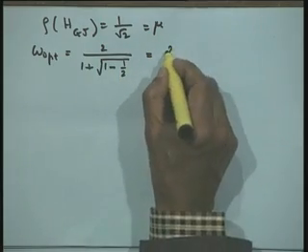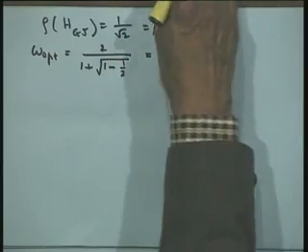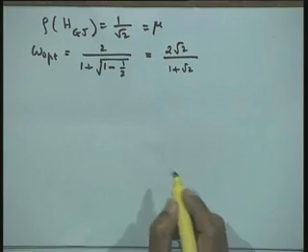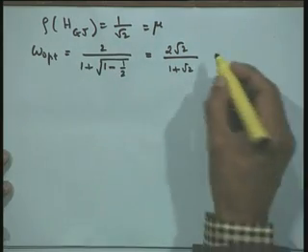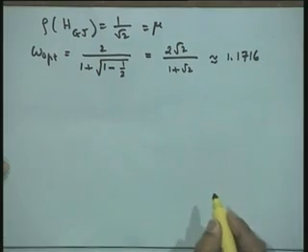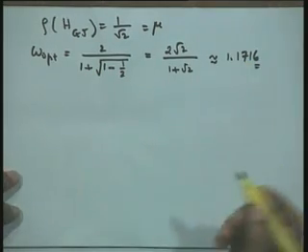I will have here 2 times root 2 over 1 plus root 2, and this is approximately 1.1716. I have rounded the last digit to the next figure.